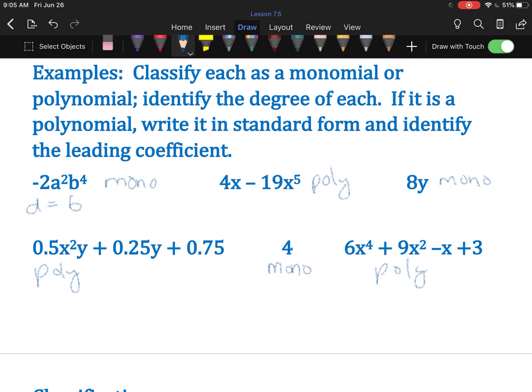The degree of that is 6. I'm going to skip the polynomials for a minute. 8y, the variable is y. Its exponent is an invisible 1, which means it has a degree of 1. And 4, a number by itself, has no variable. No variable means degree 0.